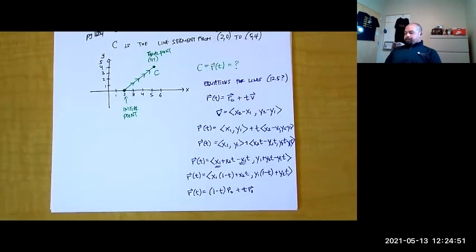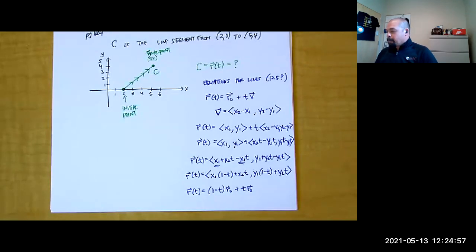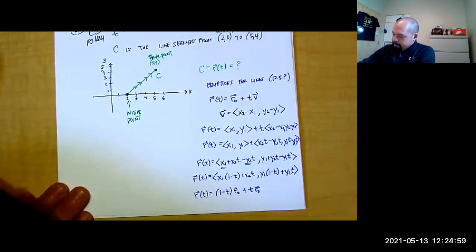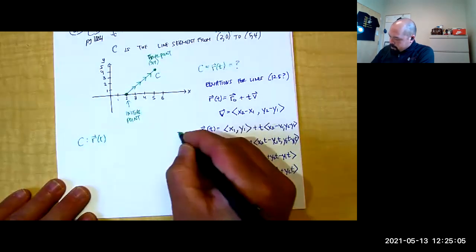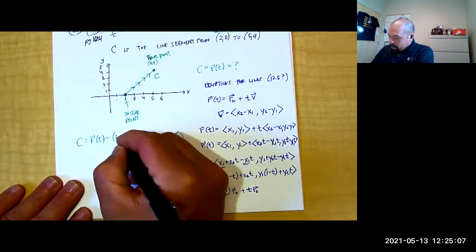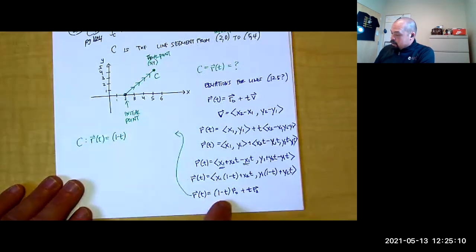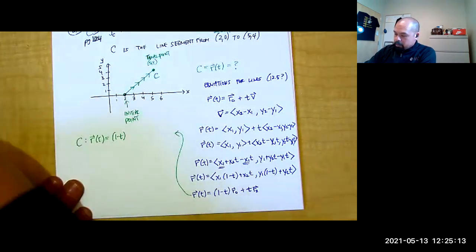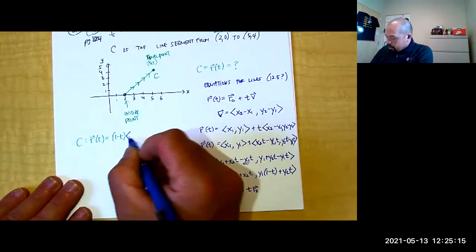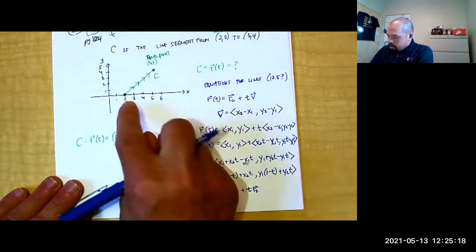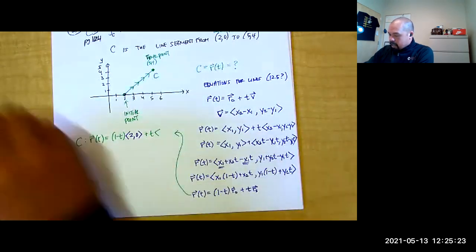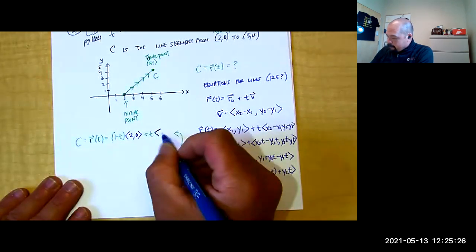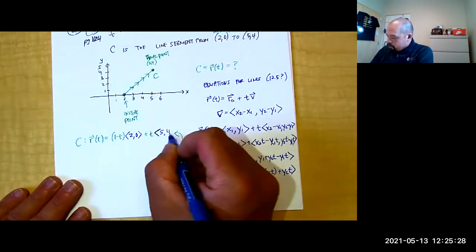And so as we start to work on that, we can start to incorporate that in terms of our particular function. So in r of t then, we can do 1 minus t times r0, my initial point here, (2, 0), plus t times my final point, (5, 4).